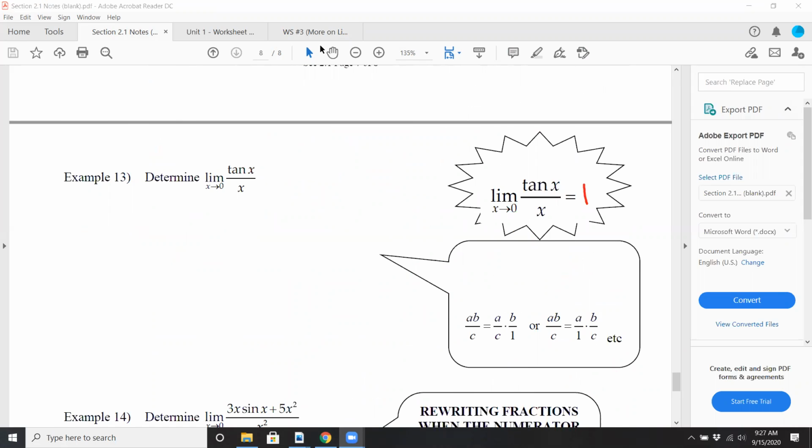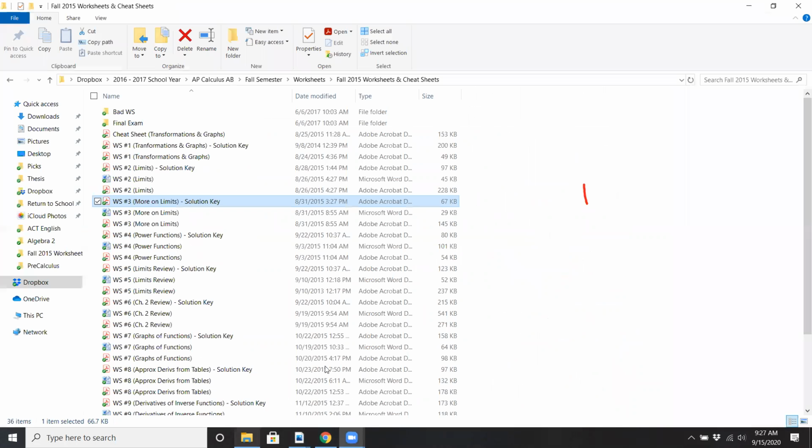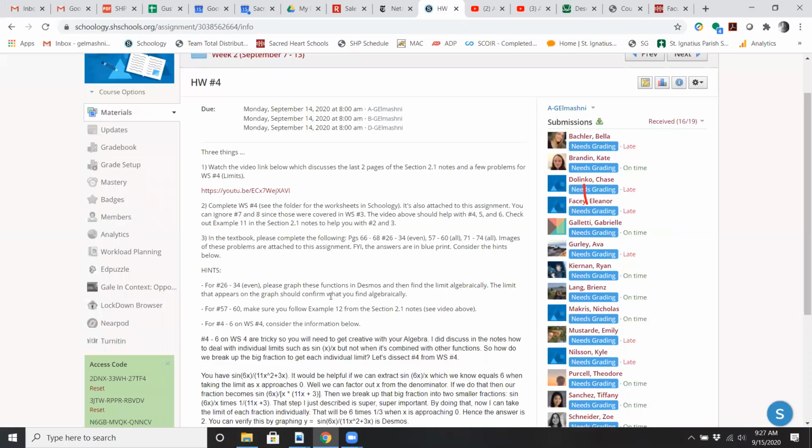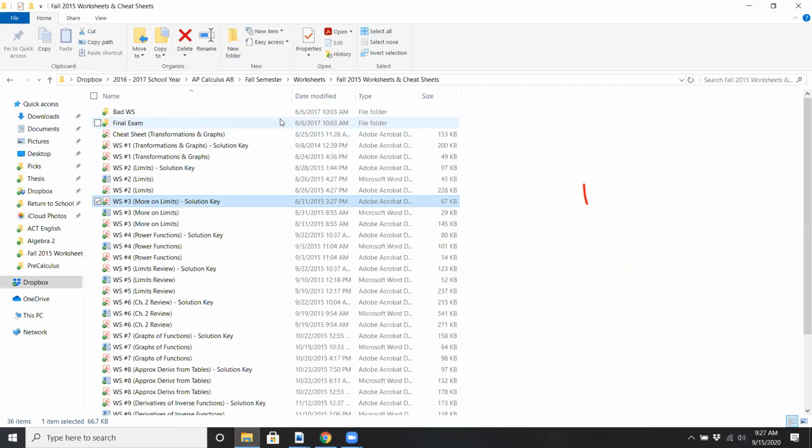And then the textbook problems. Let's go back to Schoology here. So we had some of these. I put some notes here. 26 to 34 even, obviously graph them, and then find an algebraic, kind of what we did in the notes. 57 through 60 were piecewise functions, I believe, and then there were some multiple choice questions, 7 through 74. So let me pull that up and I'll just ask you guys if you have questions.